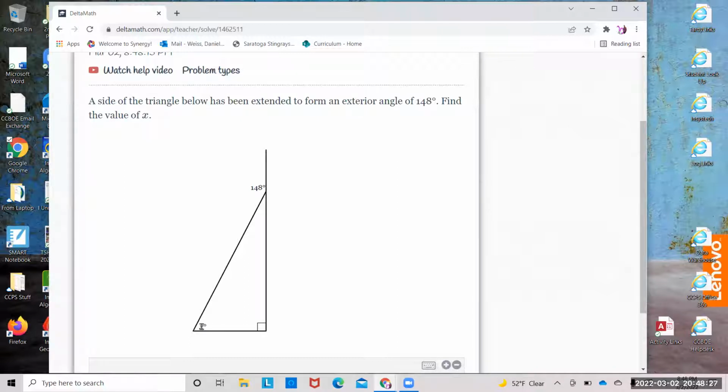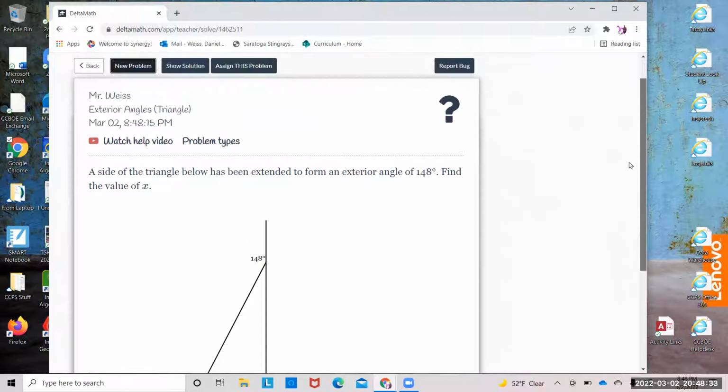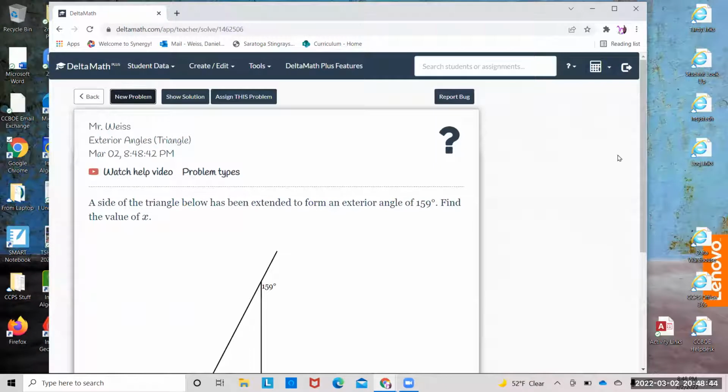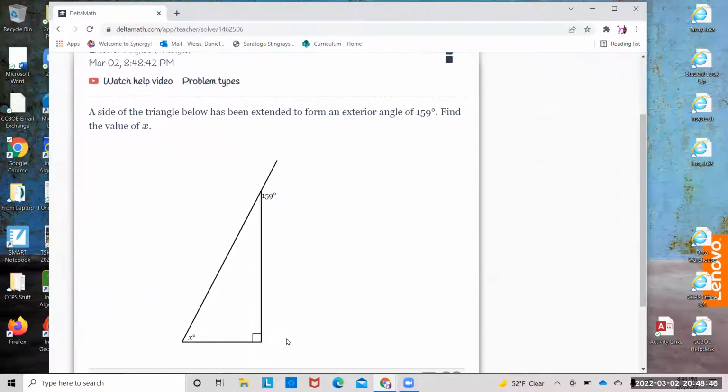So you do x plus 90 equals 148. Solve for x. Again, x plus 90 equals 139. Solve for x. X plus 90 equals 159. Solve for x.